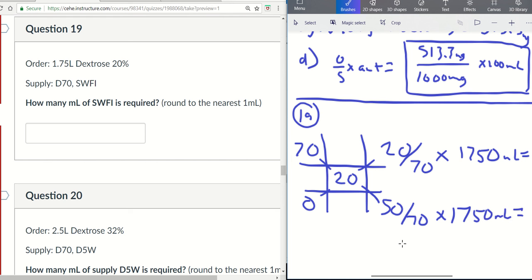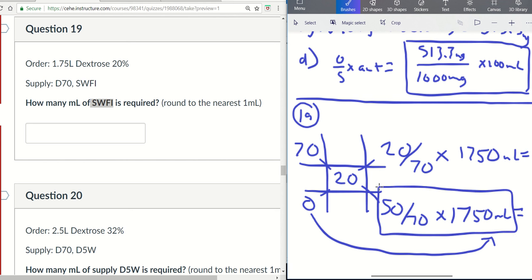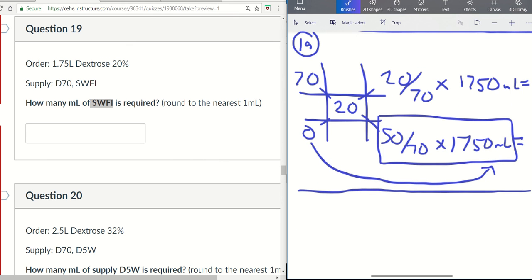Do we want the top number or the bottom number? Bottom number. We want water. So just solve this portion here. 50 divided by 70 times 1,750. Round to the nearest 1 mL. You might have to round up, you might have to round down.